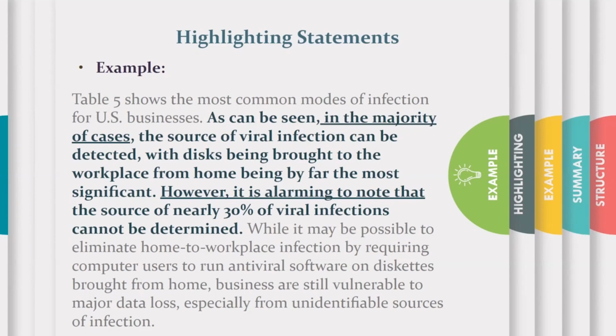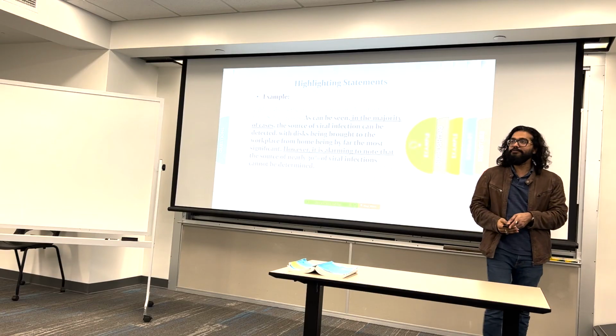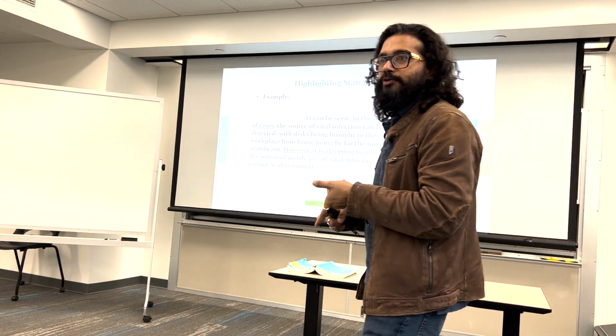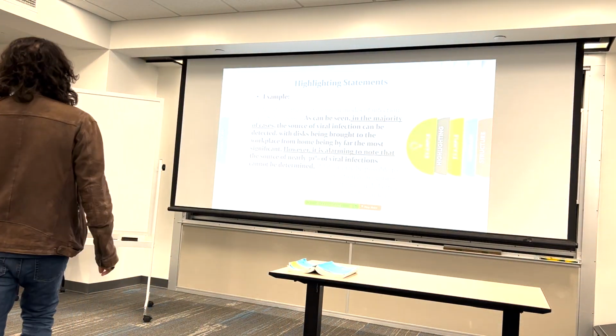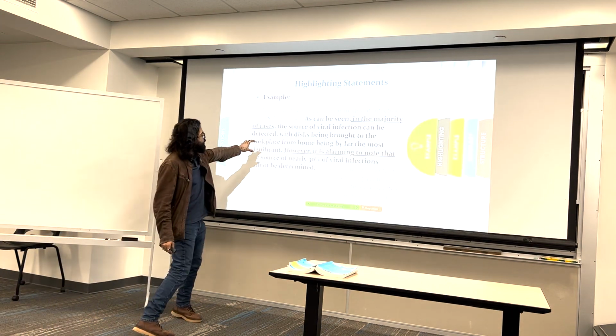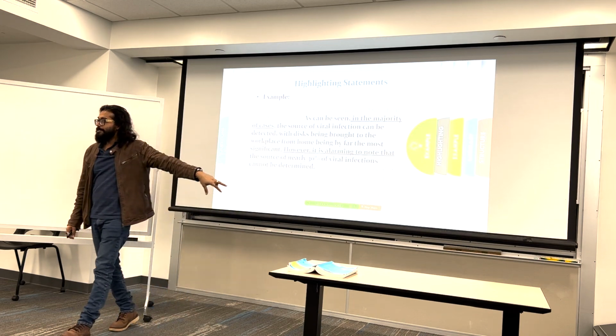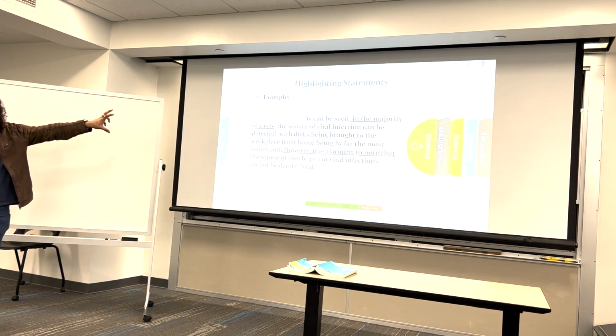As can be seen in the majority of cases, the source of viral infection can be detected with this being brought to the workplace. However, another continuation of sentence, it is alarming to note that, so now you are signifying or highlighting another particular regularity or irregularity. You're separating certain data. The majority you mentioned, what's happening, and then what is alarming there. So you highlighted this part.